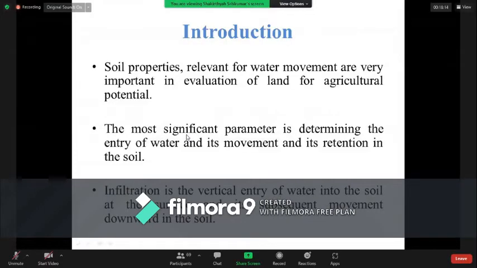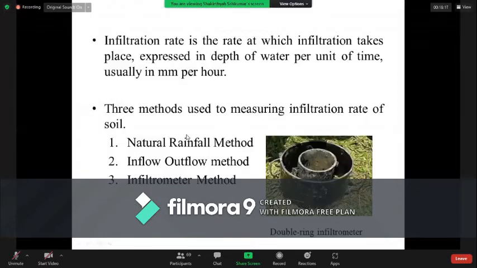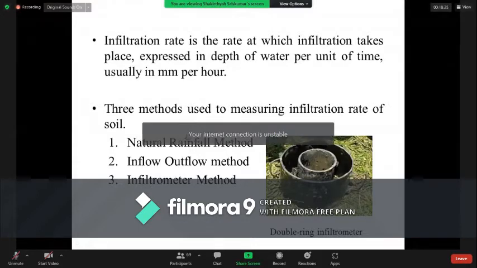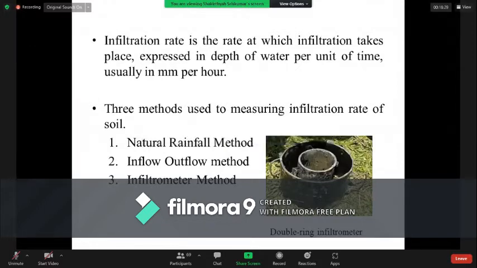Infiltration rate is the rate at which infiltration takes place. It's expressed as depth of water per unit of time, usually in millimeters per hour. Rate is, at a particular time, what depth of water will infiltrate. So the unit of the infiltration rate is millimeter per hour.